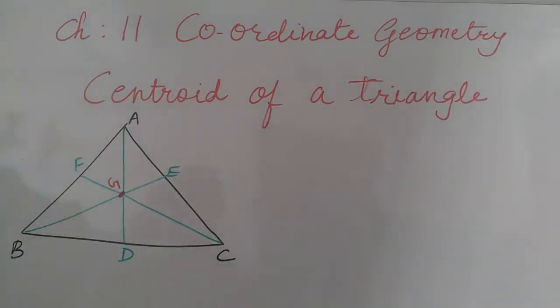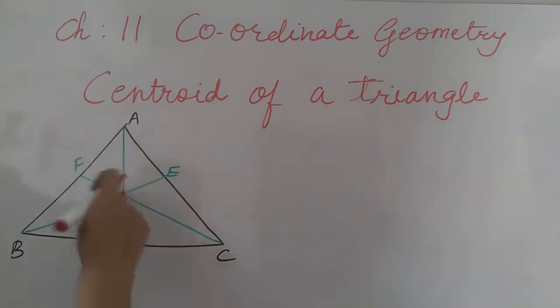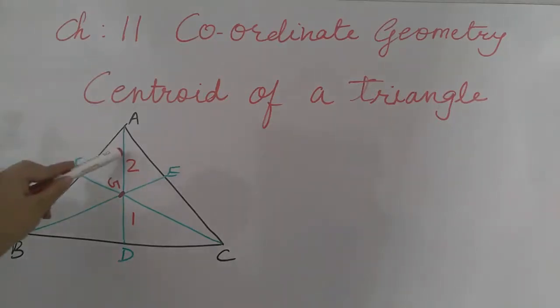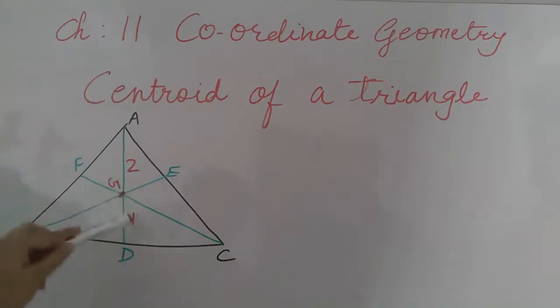Also, it is very well known that this centroid divides the medians, or the medians are intersecting, in the ratio 2:1. That is the ratio of division here. Always you have to remember that the centroid will always divide the medians in 2:1.